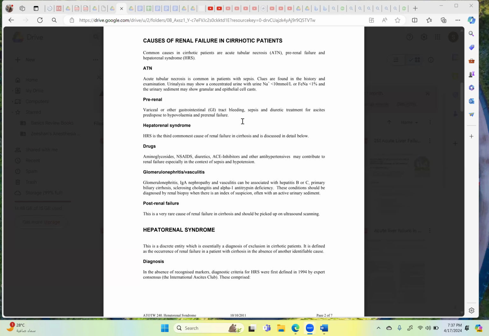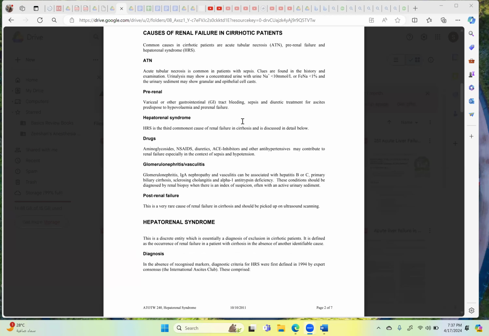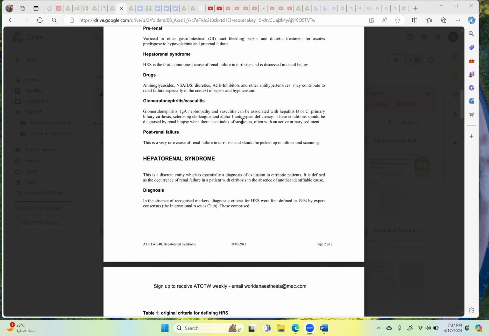So you have to be careful when you are taking history. Also, these patients can have multisystemic involvement, so whenever you have a patient with liver disease, rule out cardiac and renal involvement. You have to evaluate all the systems.